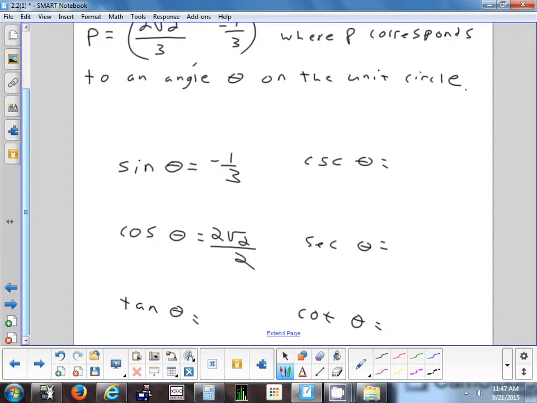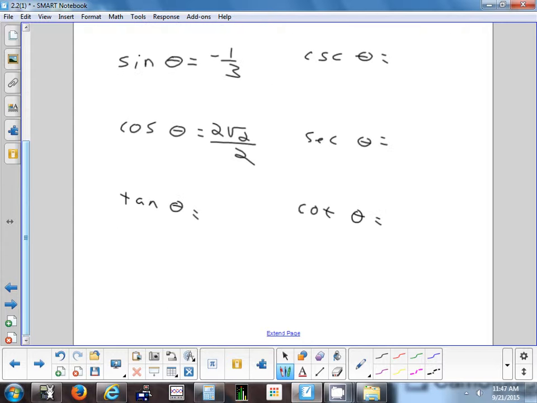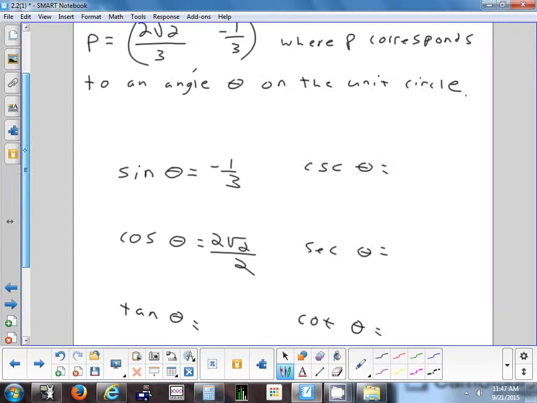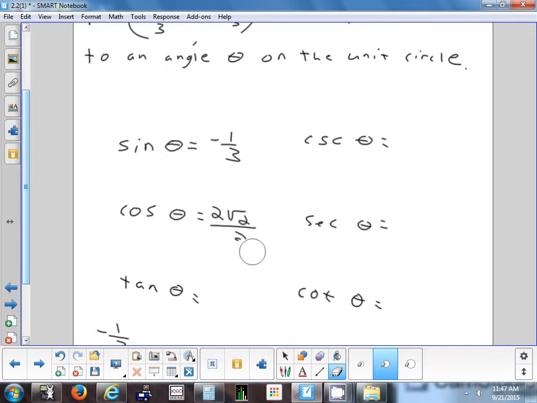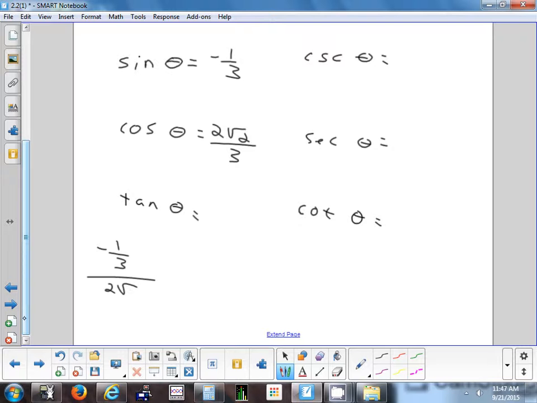Now for tangent, you're going to take y and divide by x. So you're taking the value for sine, and you're dividing by cosine. So -1/3 divided by, oh, is it over 3? Yeah, thank you. 2 square root 2 over 3.